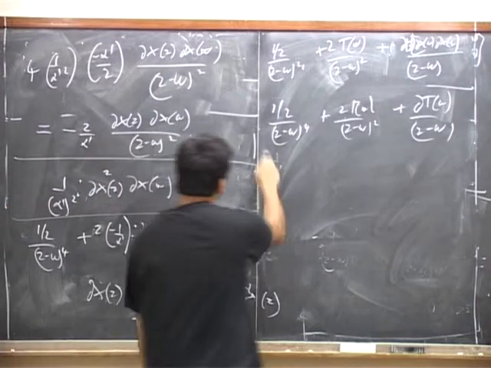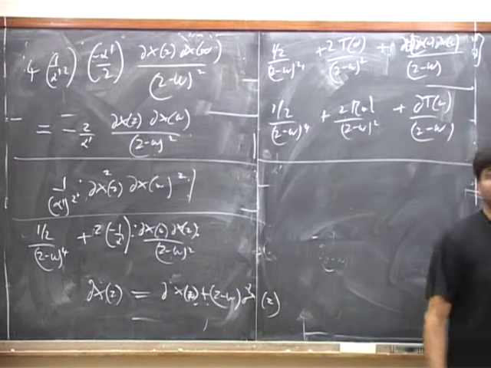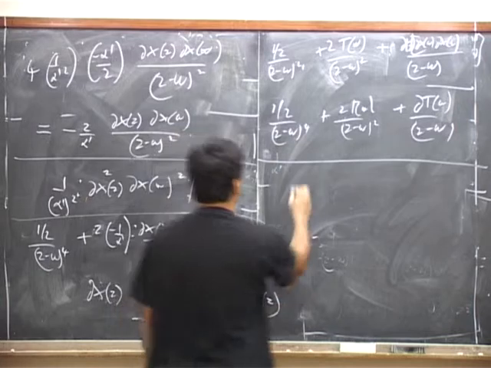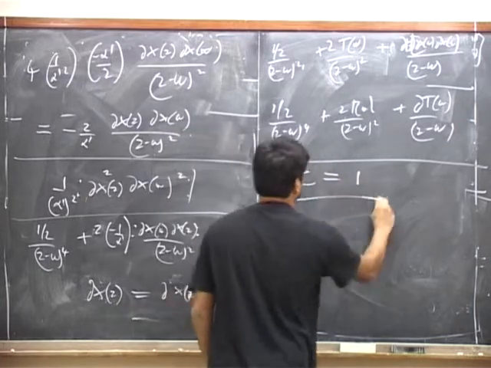Okay? So we recover the standard form for the operator product expansion of the stress tensor, except this time with the specific value of the central charge, c equal to 1.